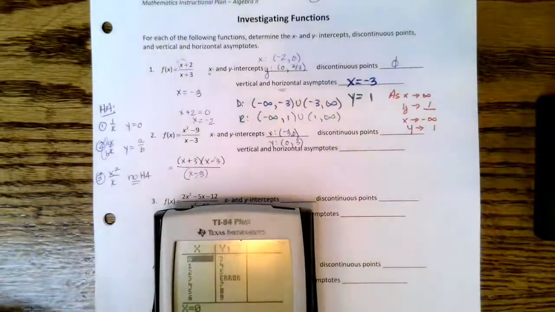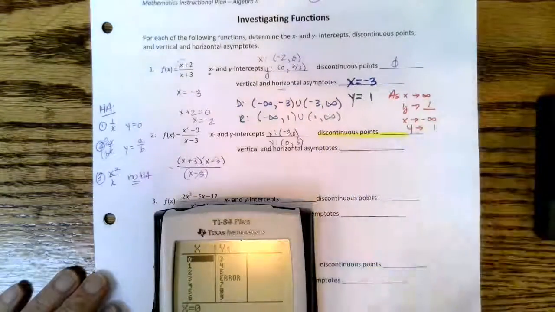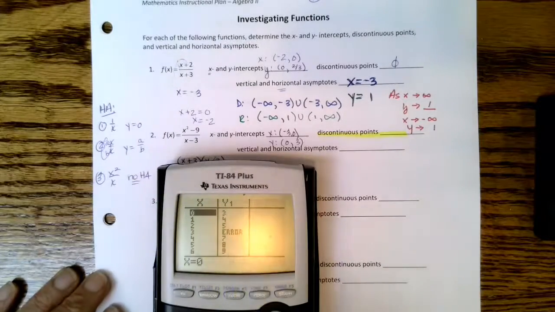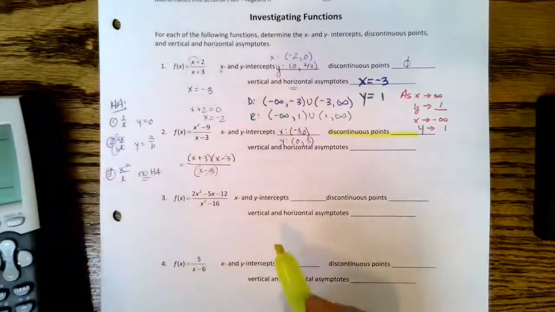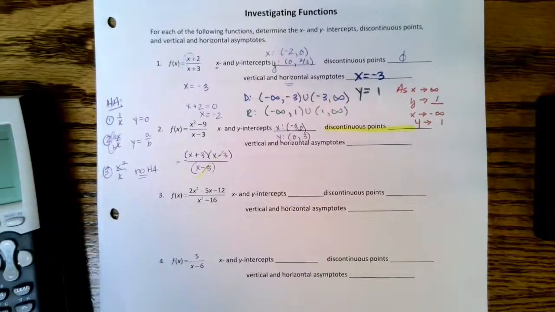But now this is where we really get to talk about these discontinuous points, because do you see this error here? Are you curious about why that happens? Well, the reason that happens is because of this factor that cancels out.